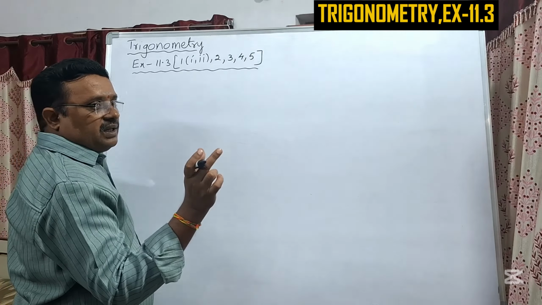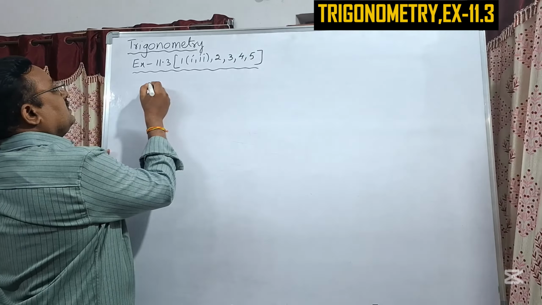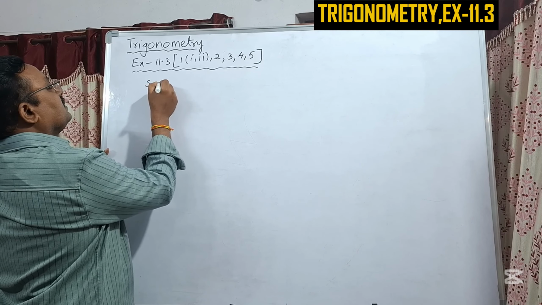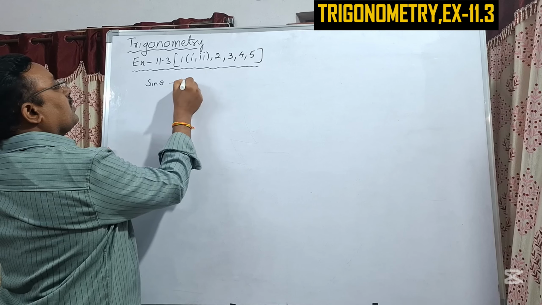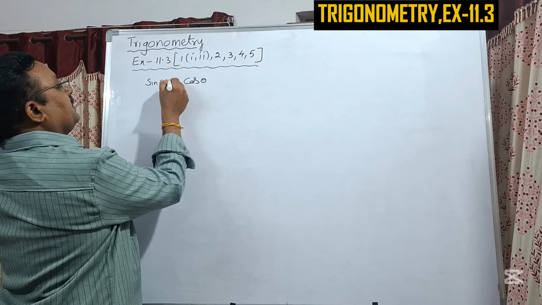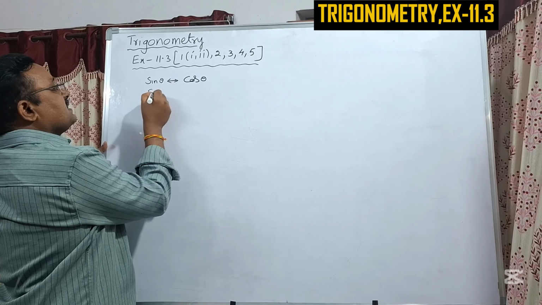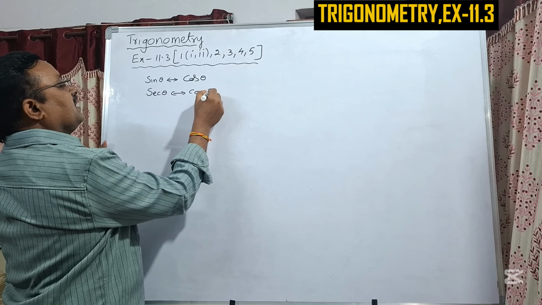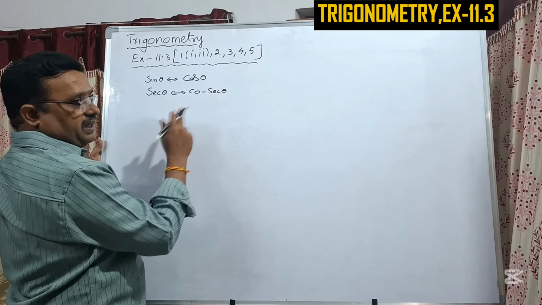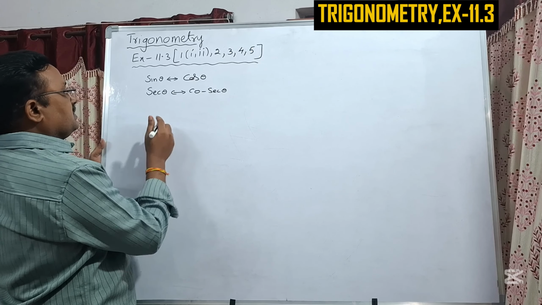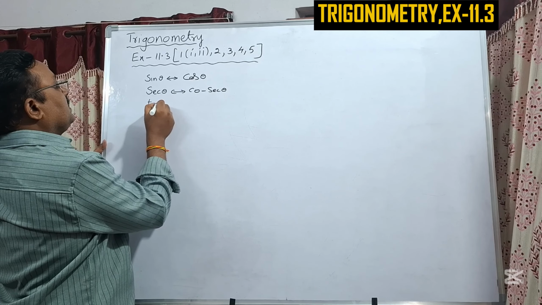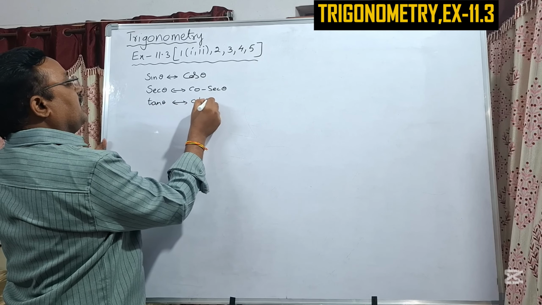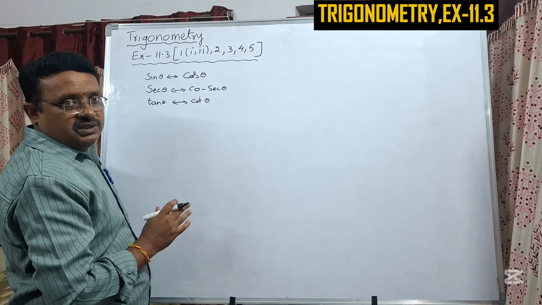What are complementary pairs here? Here we know that sine theta and cos theta are complementary pairs to each other. Secant theta and cosecant theta are complementary pairs to each other, tan theta and cot theta are complementary to each other.